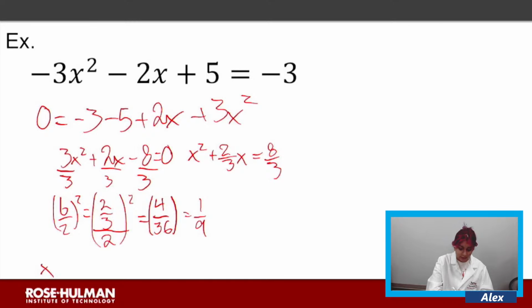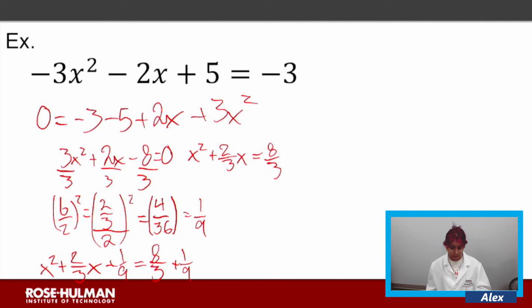This gives us x squared plus 2/3x plus 1/9 equals 8/3 plus 1/9. Rewriting this equation into vertex form gives us x plus 1/3 quantity squared equals 8/3 plus 1/9.